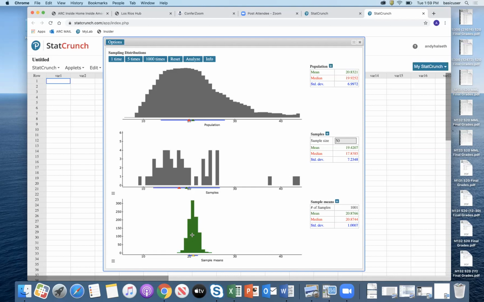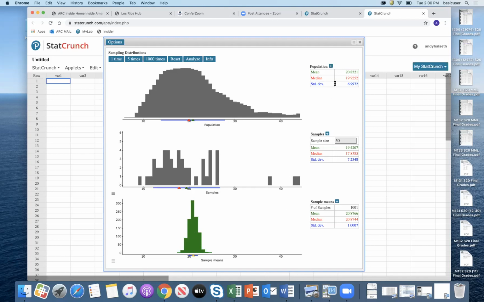Hopefully that helps get a little bit of the concept of what we're doing. Now we're going to fold in some formulas. One other thing before we go back: the population mean, 20.8, and the mean of the sample means are the same. The population mean equals the mean of the sample means. That's a formula I'm going to show you.